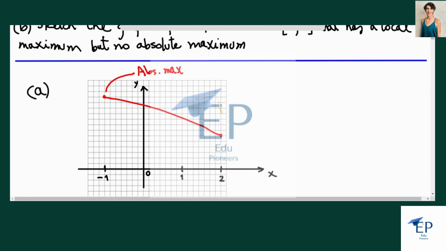And inside the interval (-1, 2), there is no local maximum at all. So this is an example. This could also be a line, but you can draw a curve like this, always decreasing on the whole interval [-1, 2]. And with that, we have the result we want.